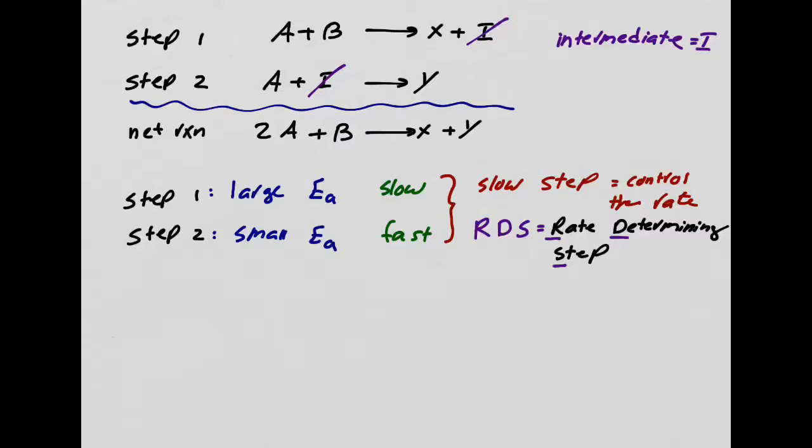Your slow step is what's kind of holding you back. It takes time to happen, but once you get over the slow step, then the rest of the reaction happens pretty quickly. So the rate determining step is the slow step because it takes time to happen. Once I get over the hump for the slow reaction, the rest of the reaction will happen pretty quickly. So far, so good?